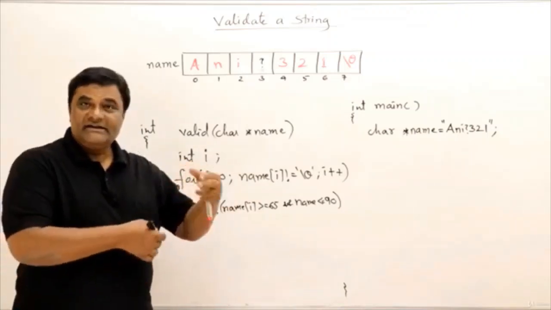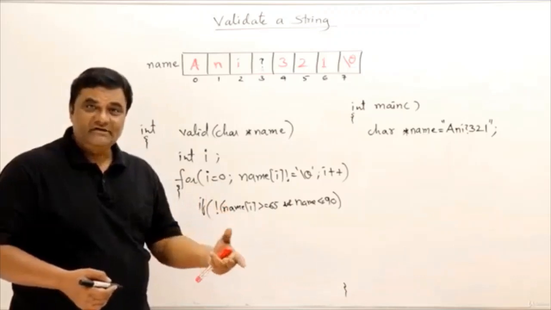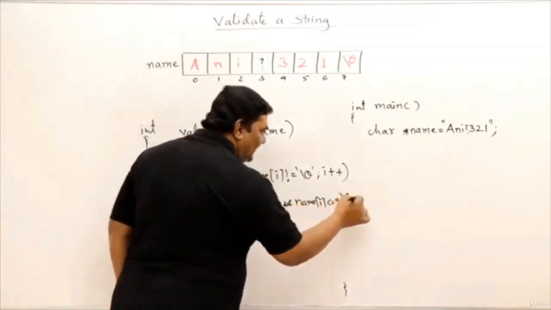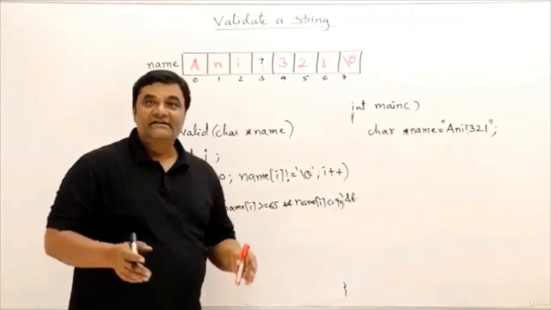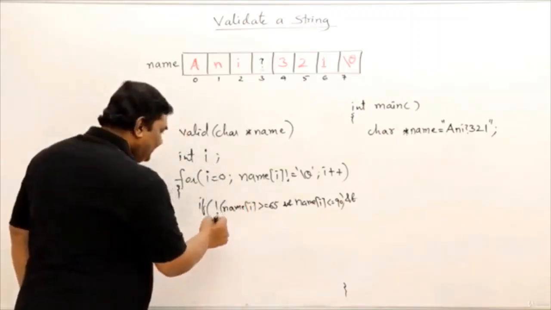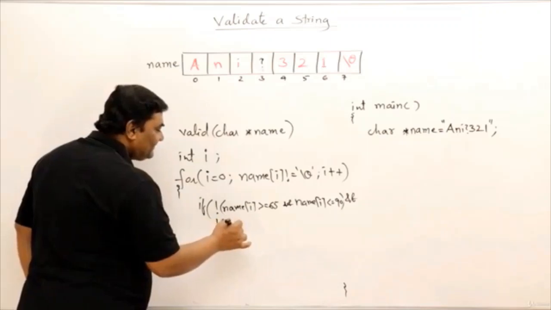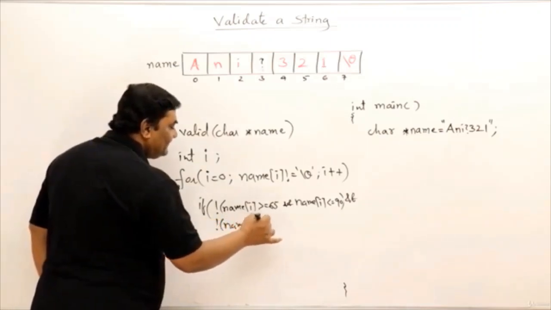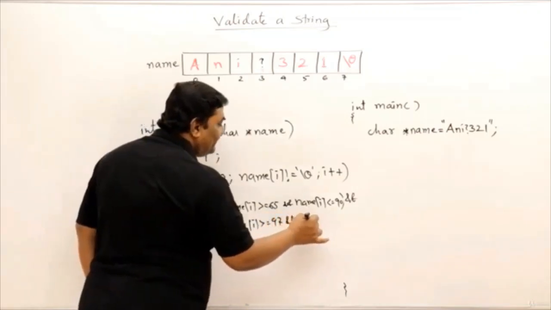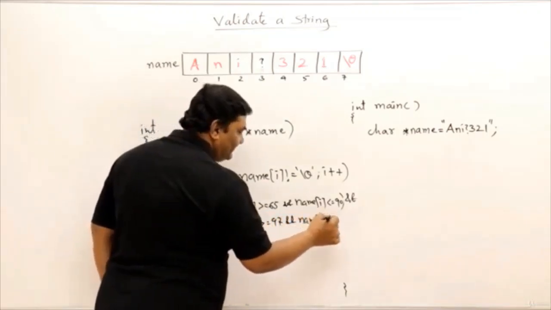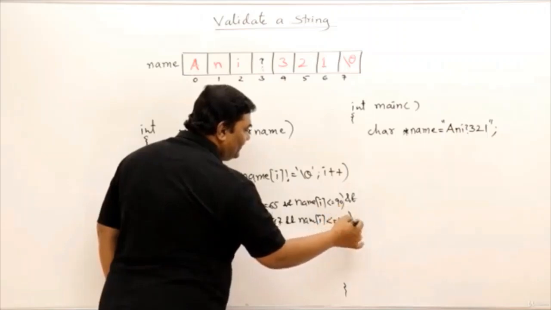But other ranges are also there, lowercase letters are also there. So I should check for the next set of characters, that is small letters. Then again, not of small letters, that is name of i is greater than or equal to 97 and name of i is less than or equal to 122.